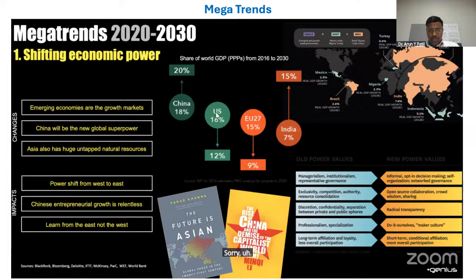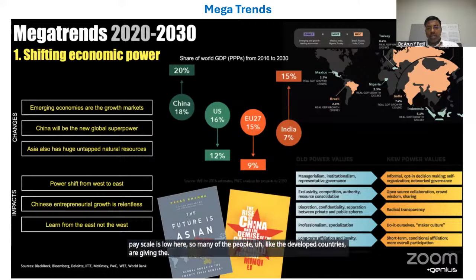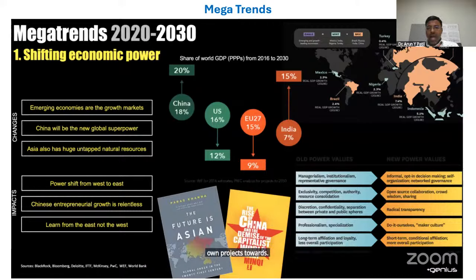US is dropping from 16 to 12, whereas European countries are dropping from 15 to 9, whereas India is surging in GDP growth from 7 to 15%. So you can differentiate much better, because the cost of living is low here and the per human pay scale is low here. So many developed countries are giving whole projects to Indian and Chinese companies.